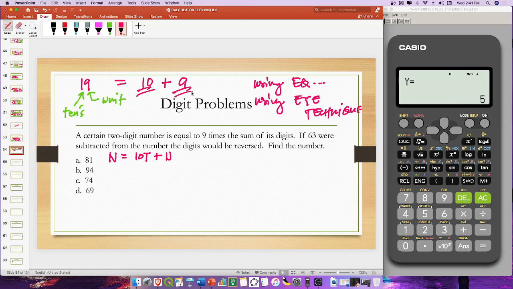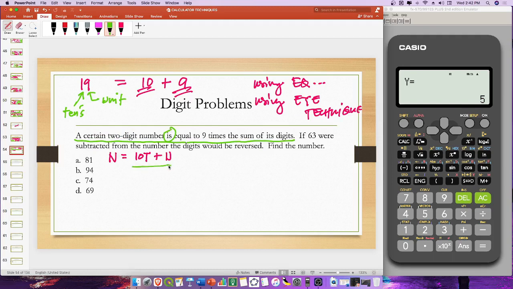All right. So according to the problem, let's read the problem. A certain two-digit number is equal to 9 times the sum of its digits. So according to the problem, this two-digit number is equal to 9 times. Take note of the "is." A two-digit number can be represented by 10t plus u.